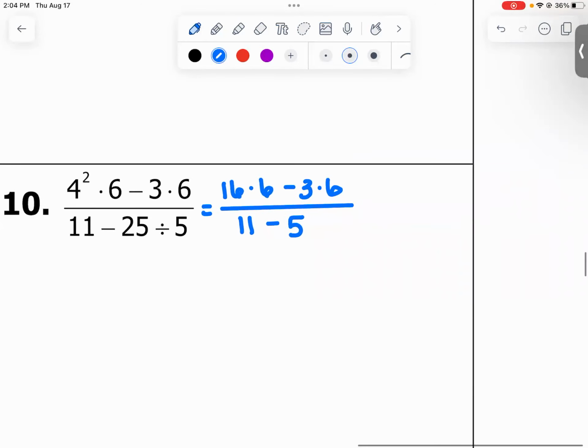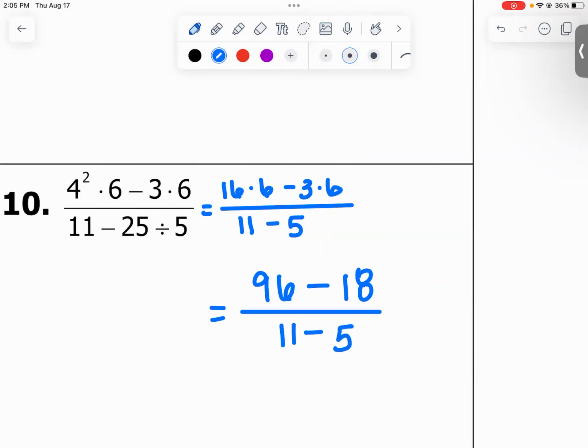Now in our numerator, we have 2 sets of multiplication. We have 16 times 6 minus 3 times 6.